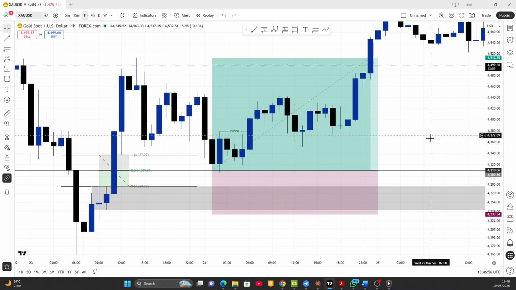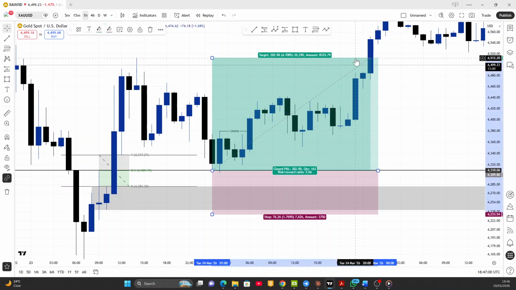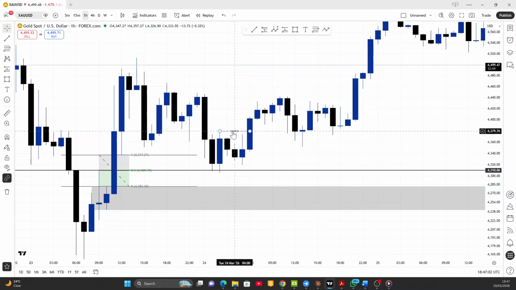But then let's try a more conservative approach. A more conservative approach is to wait for a change of character and then wait for price to retrace before we enter the trade. So in that case, the same principle applies both in a bullish scenario and in a bearish scenario.